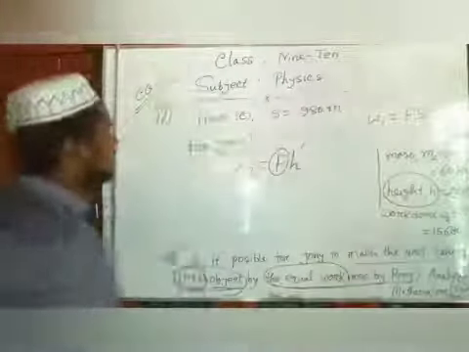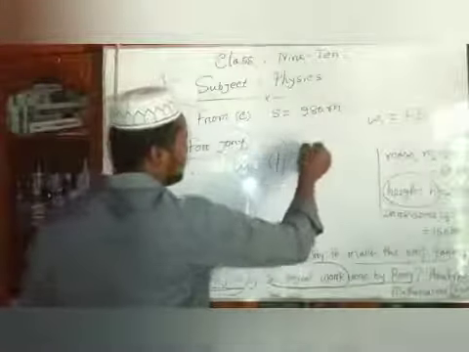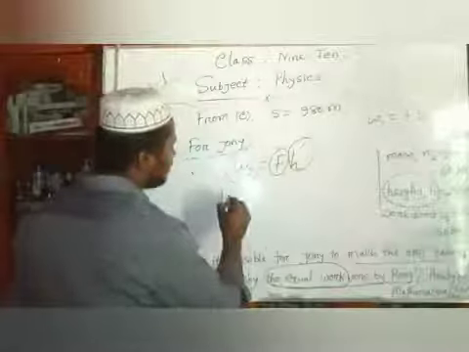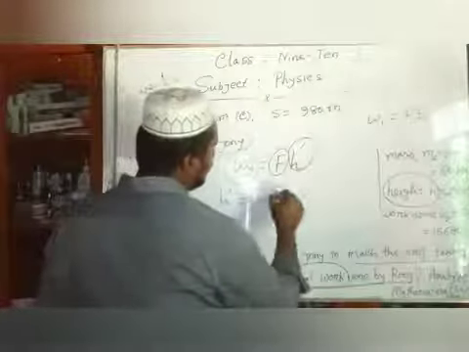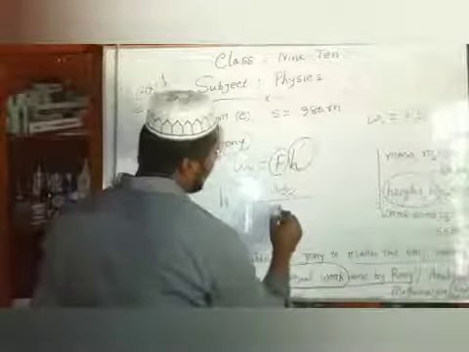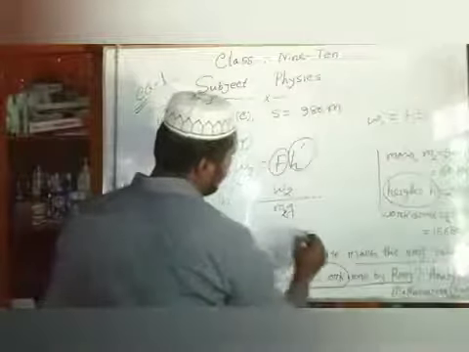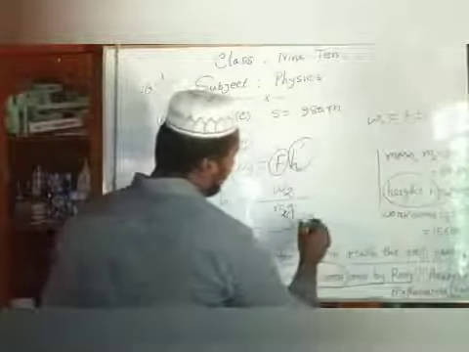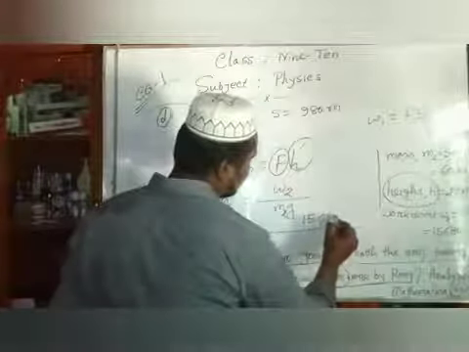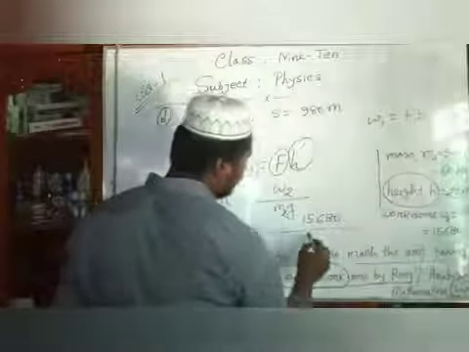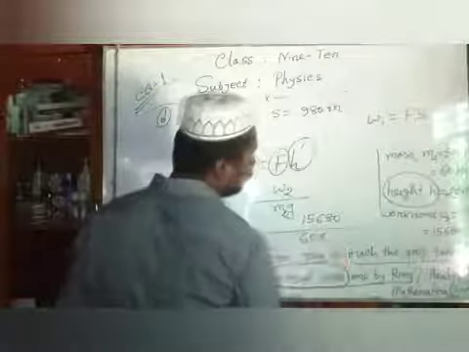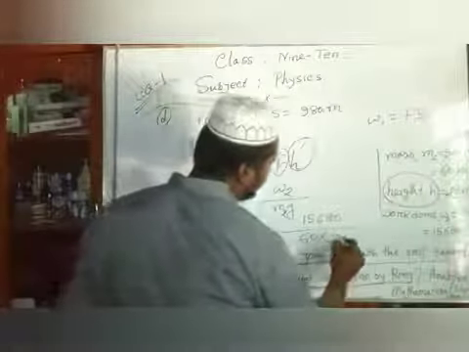Then the height H prime equals W2 divided by m2 g. That means 15,680 joule divided by m2, that means 60, into g, that means 9.8.